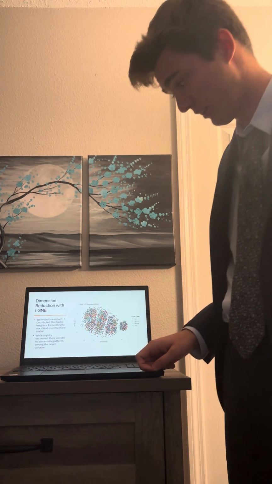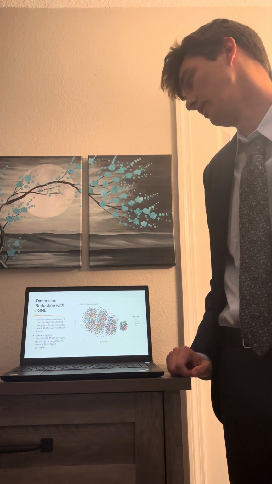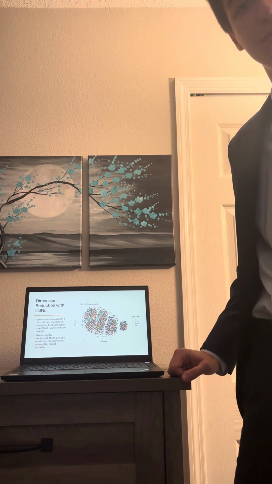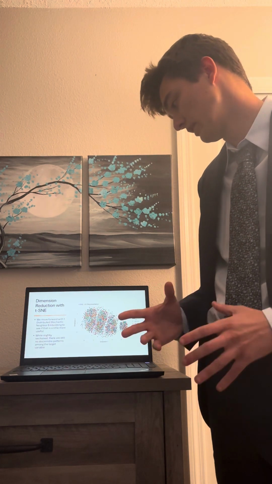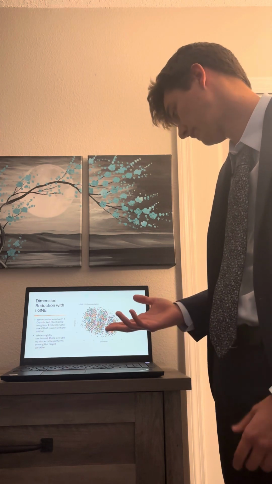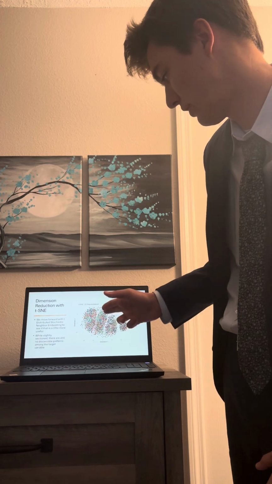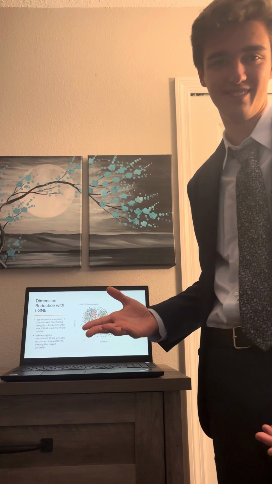We then tried the t-distributed stochastic neighbor embedding dimension reduction technique to see if that would give us any better of a model. There are a bit of separations here, and here, but again, that doesn't really tell us much.